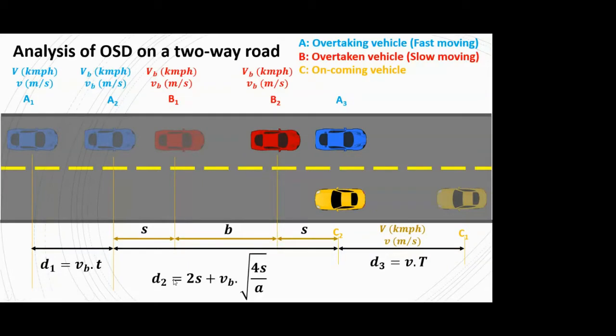D2 is 2S plus VB into capital T, that is the overtaking time, and that overtaking time can be written as under root 4S upon A. And the last component, D3, is in the case of the oncoming vehicle. D3 is equal to design speed V into capital T. And OSD is nothing but the addition of all these three terms.